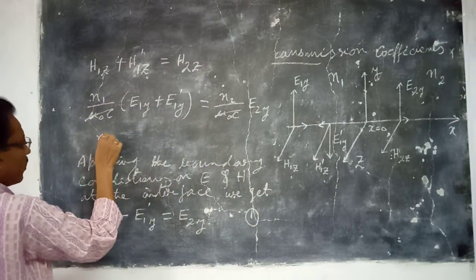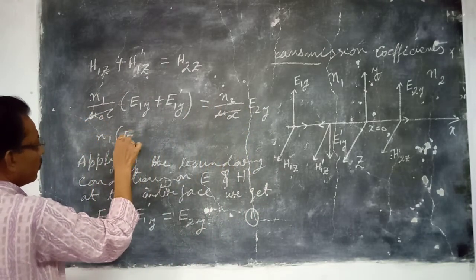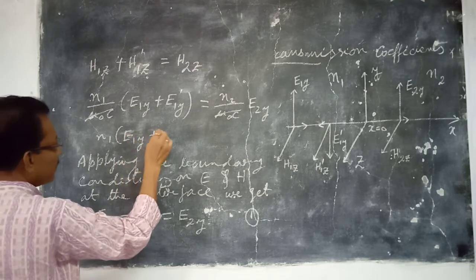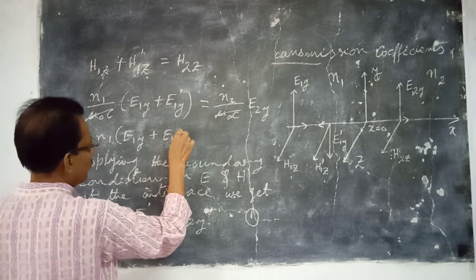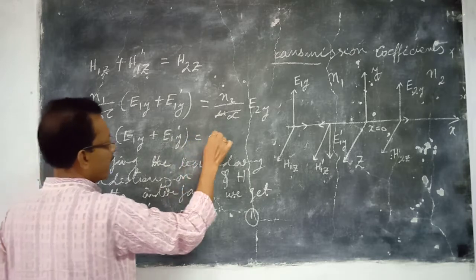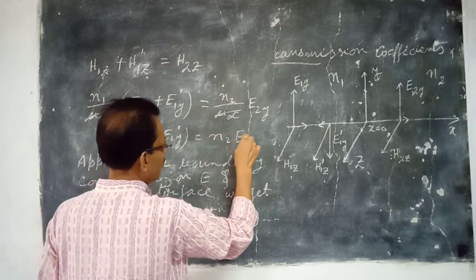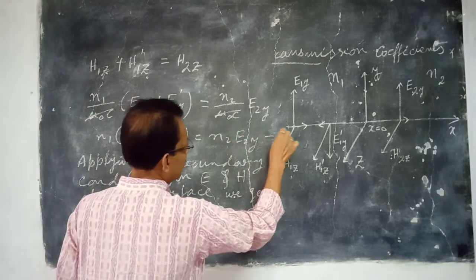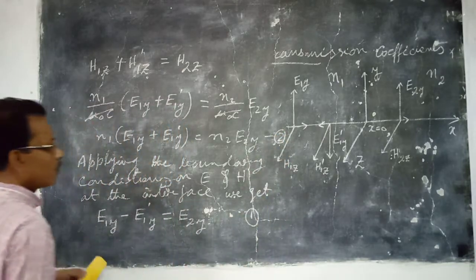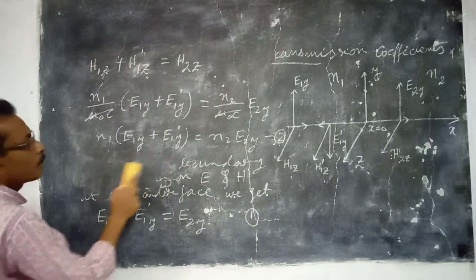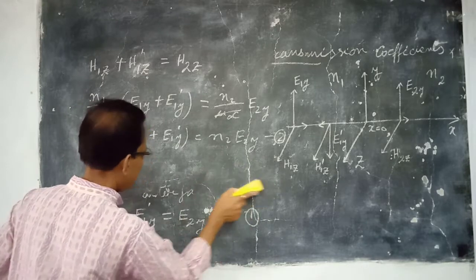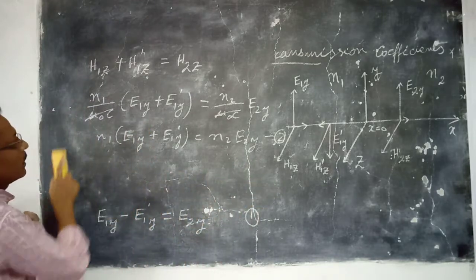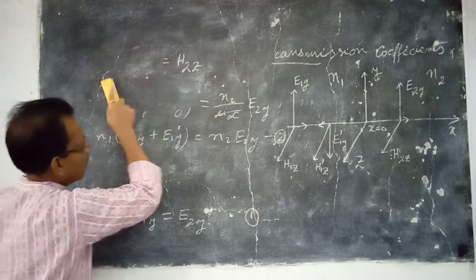So you get n1 into E1y plus E1y prime is equal to n2 into E2y. This is equation number 2. So you get two equations.